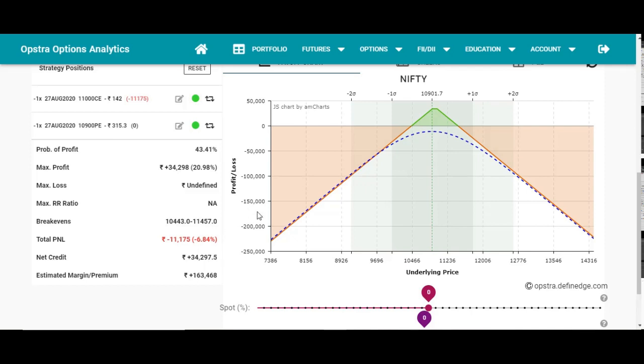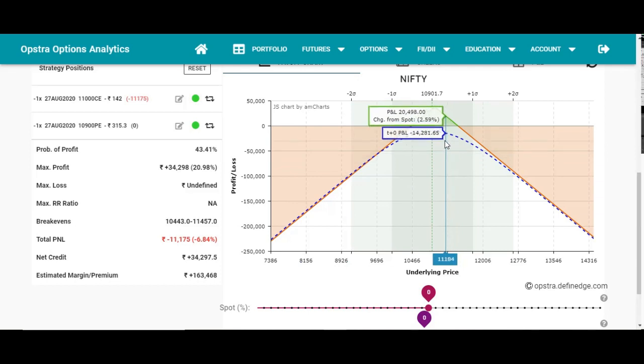Here you can see the payoff graph now. We have converted our naked call option into a short strangle. So now he has wider break even points. If Nifty expires anywhere between these levels, then he will get a good profit.